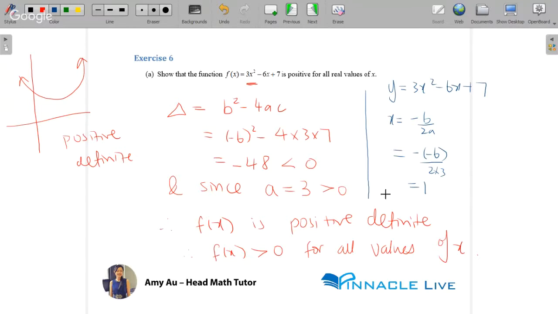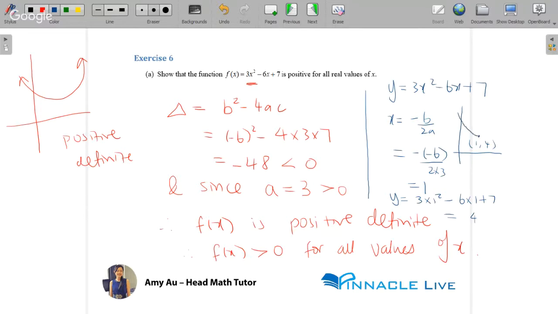So it's at x = 1. Put 1 into the function, it's equal to 4. So it has a turning point at (1, 4).